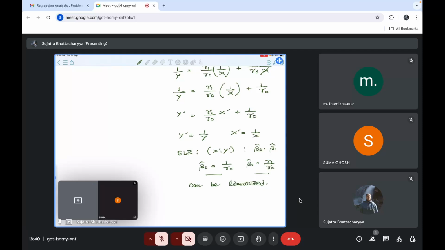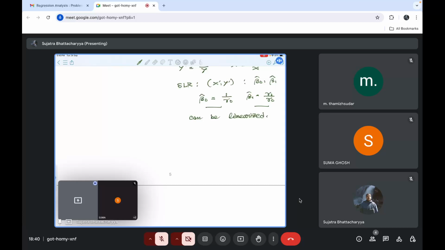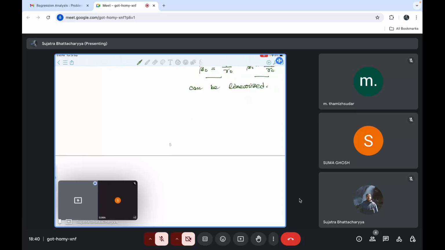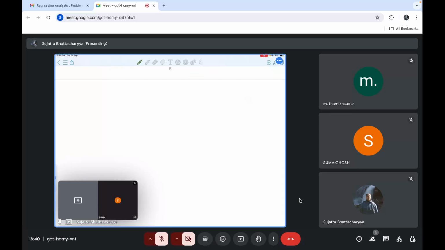Finally, let's go to some variance related questions. We have seen variance stability transformation. So that also we need to see. So it is based on what we have derived in the last class. Let me go to the next page.